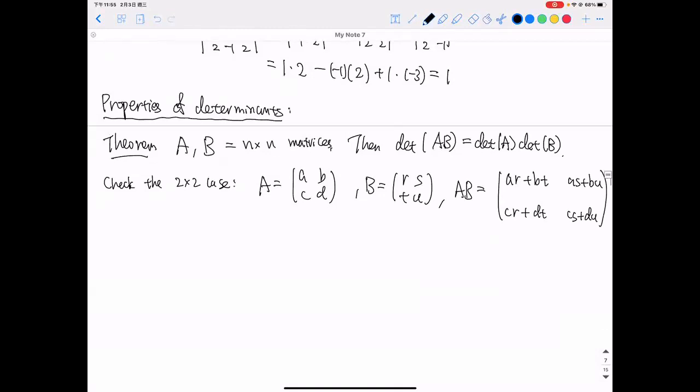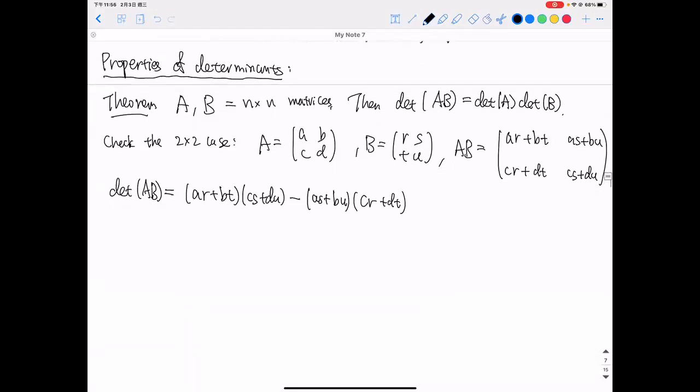Okay. And the determinant of AB is then the following product: AR plus BT times CS plus DU, minus AS plus BU times CR plus DT.